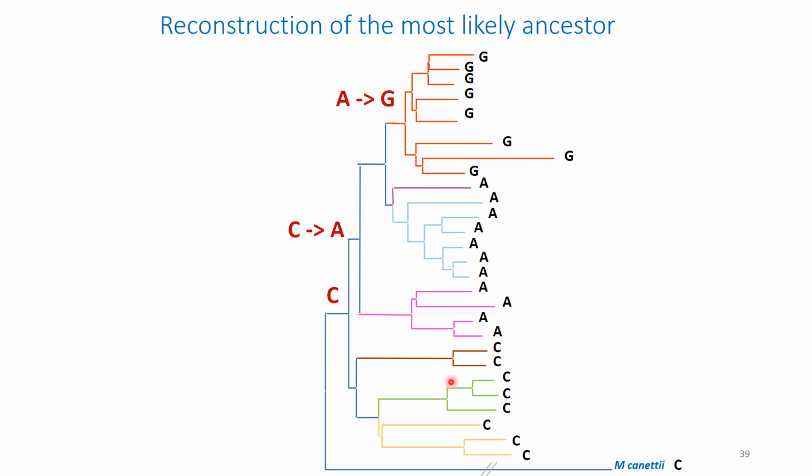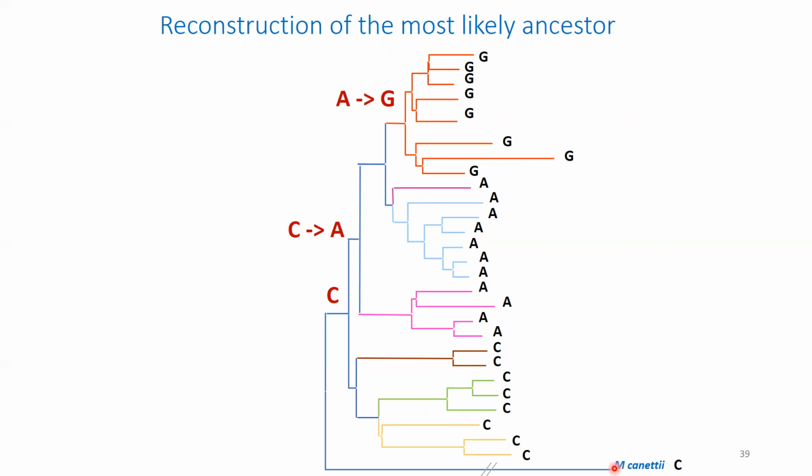If we look at lineage 5 and lineage 6, we see that those lineages have a C for that very first position of the genome. And that is also true for Mycobacterium canettii, which is the closest relative to all extant Mycobacterium tuberculosis samples.